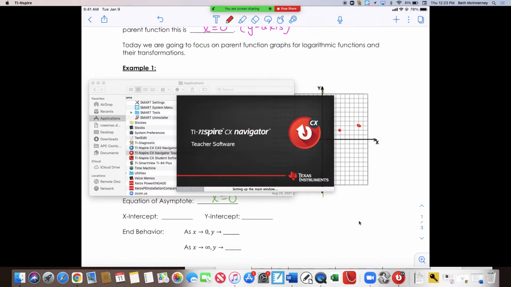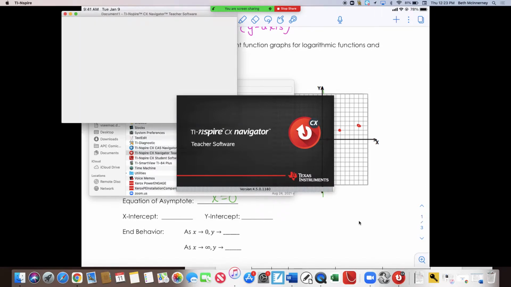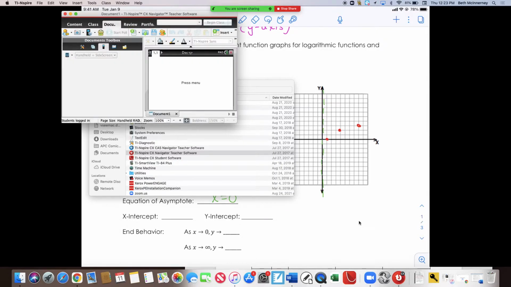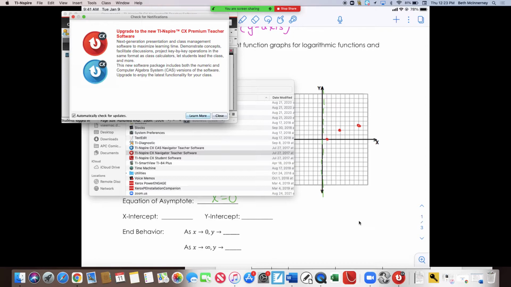All right, cool. That's not the variable.